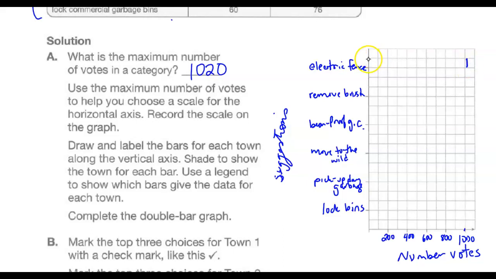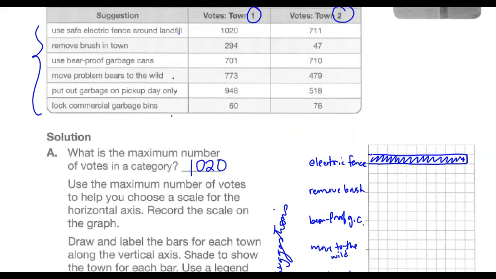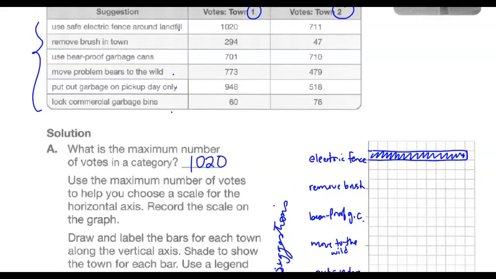Okay, and so I'm just going to freehand it. You should be using a straight edge. Just takes too long on the tablet. And then I'll just fill that in with blue. I'll maybe color code it because I have color. You can just shade one and not shade the other.